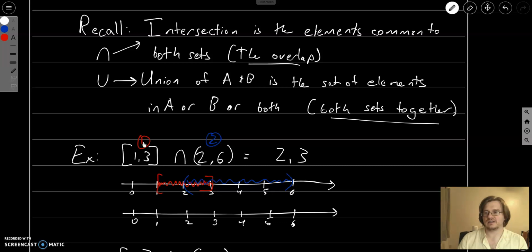Well, because 2 is not included in this set, it can't be in the intersection. But since 3 is both in the set on the left and in the set on the right, it is included there. So our interval will be from 2 to 3, not including 2 because it's not in here, but it is including 3 because 3 is in this set.